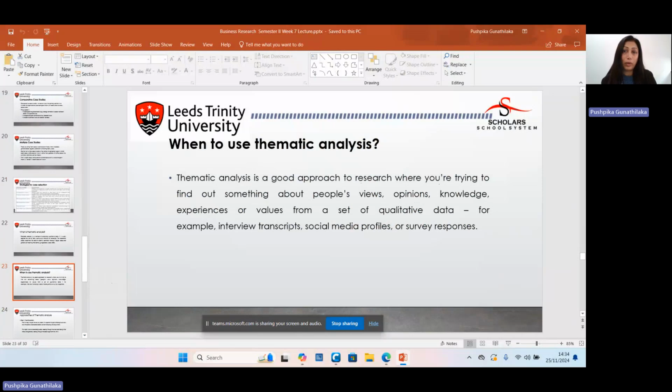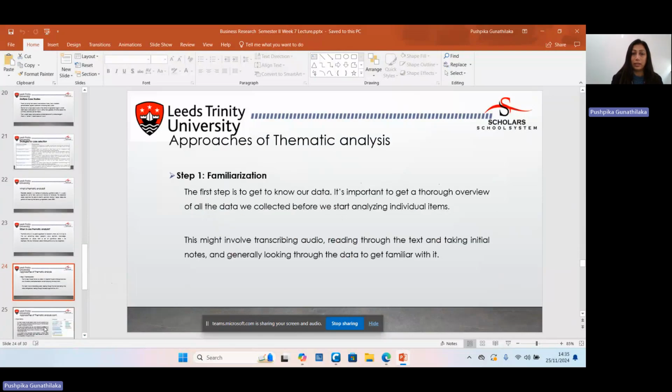When we interview people, either we note down their answers or they fill the questionnaires and hand them over. Either way, when you have qualitative information, we are using thematic analysis to analyze them to find the themes to proceed with the analysis. This is the approach of thematic analysis.